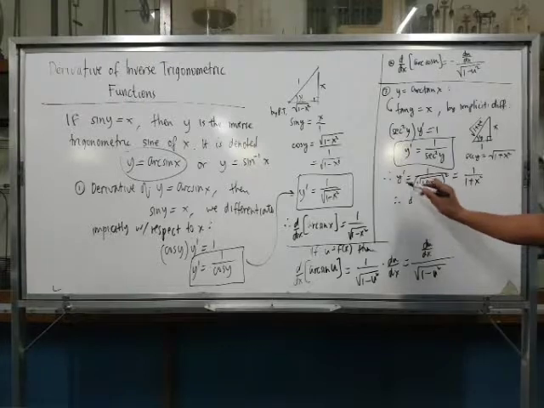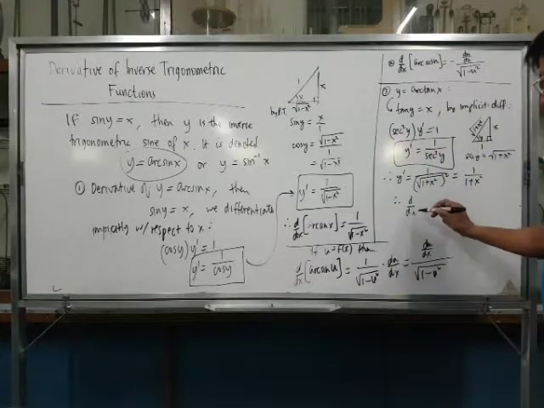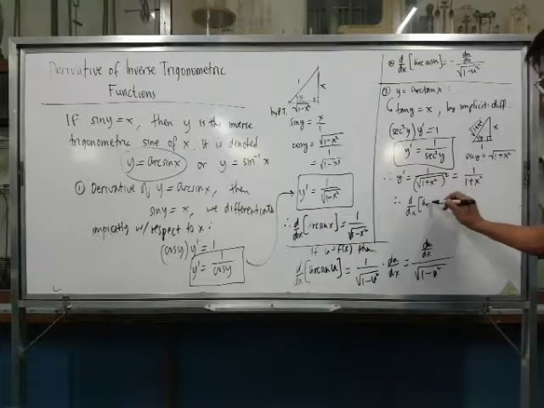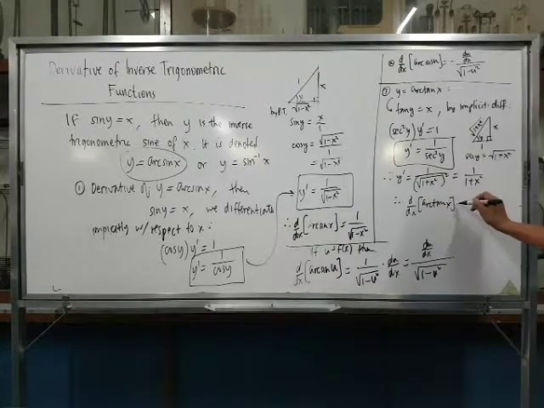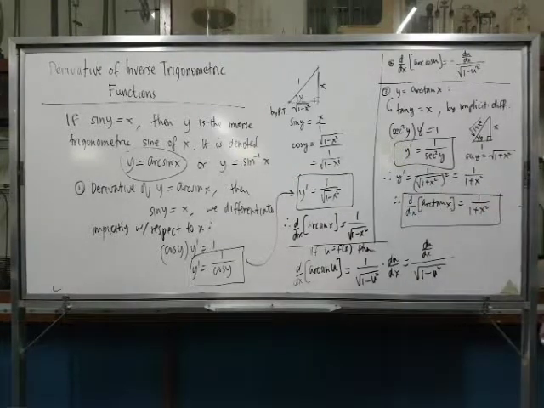So since y is equal to arc tangent x, we now have another formula: the derivative of arc tangent x is equal to 1 over 1 plus x squared.